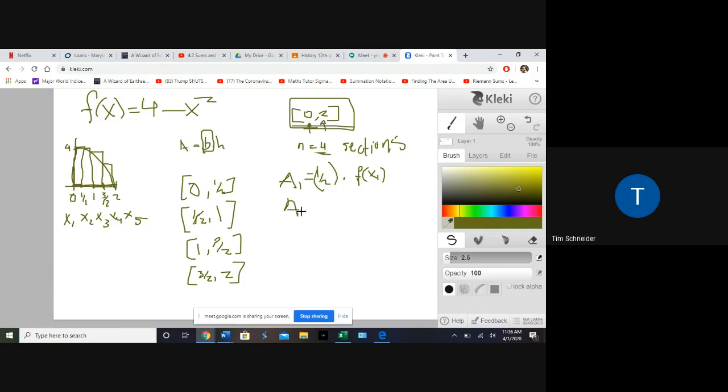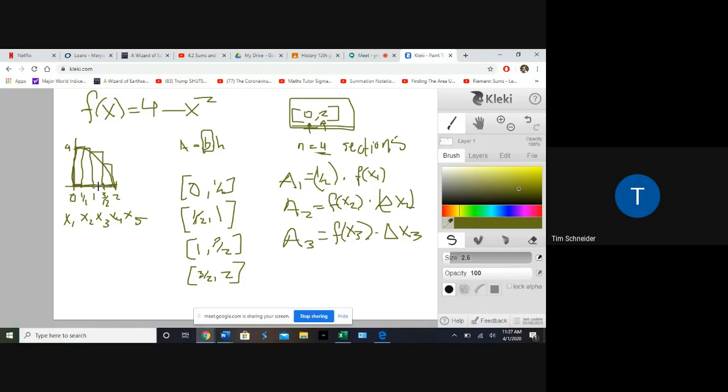Okay, the area for the second one, I'm going to rearrange the order a little bit. We're going to do the y value at x2 times delta x2. But again, that's just 1/2. For the third one, we have the y value at x3 times delta x3.